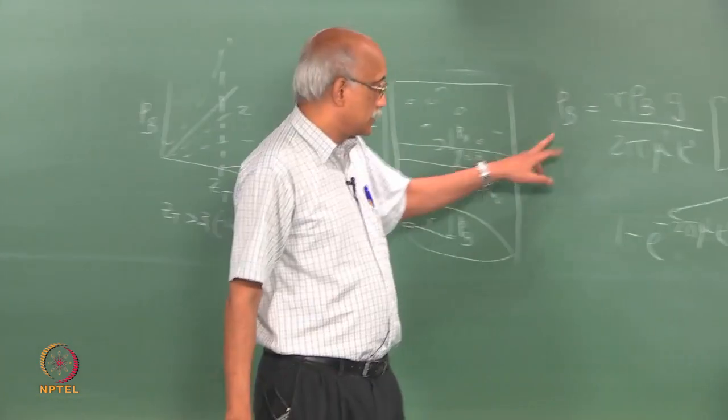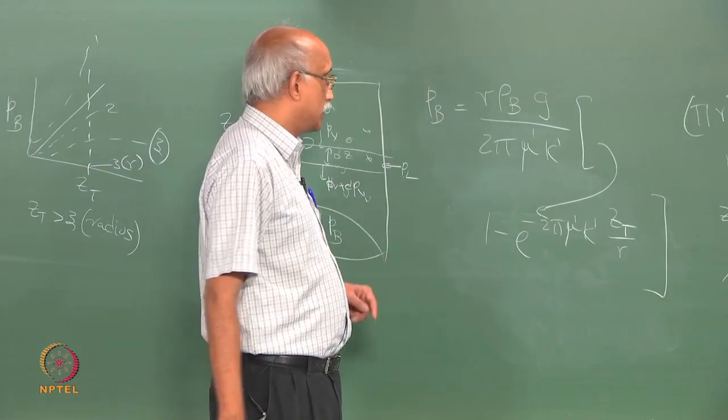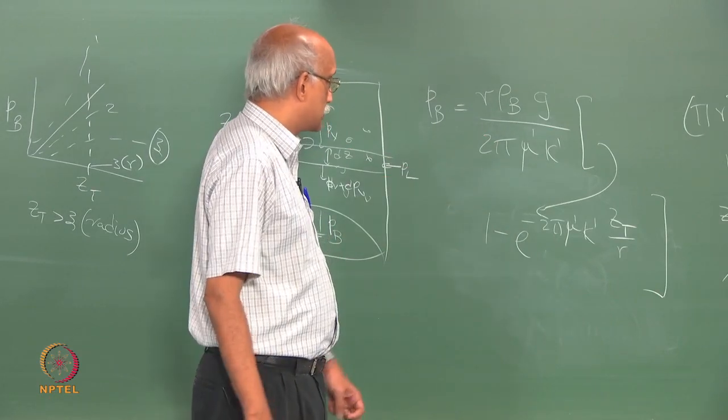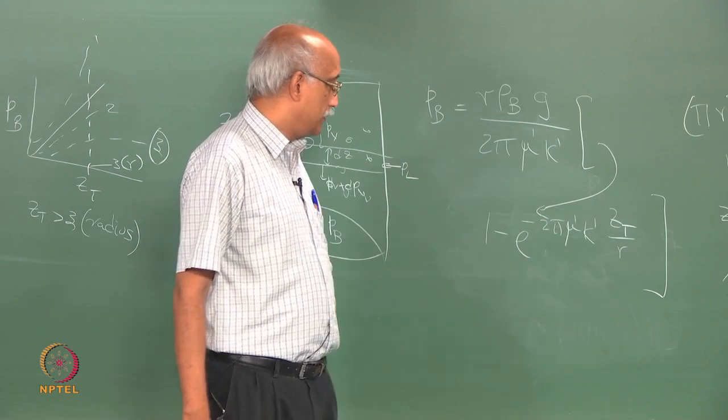So, again r is the radius of the bin, rho b is the bulk density, g is gravity, mu prime is a friction coefficient, k prime is PL by PV.